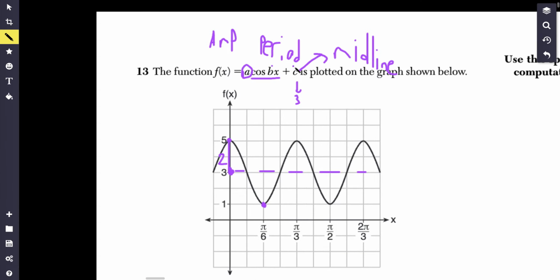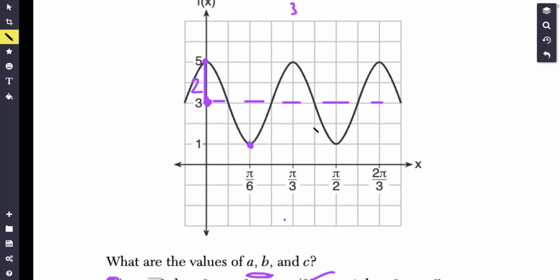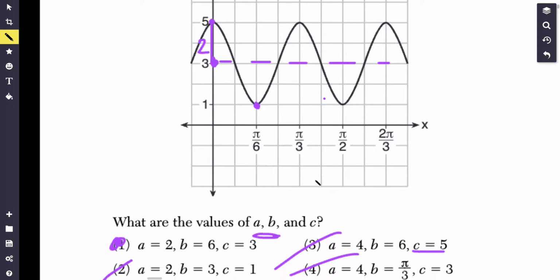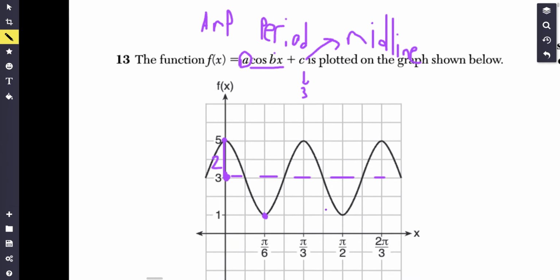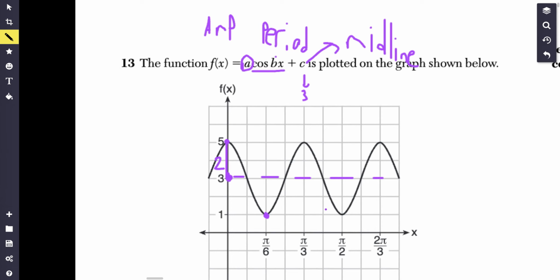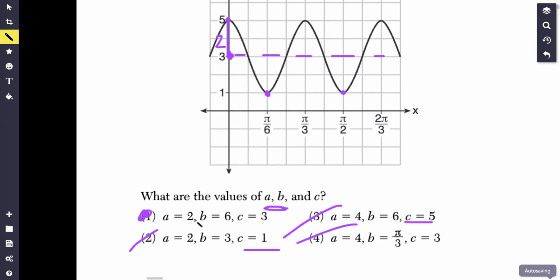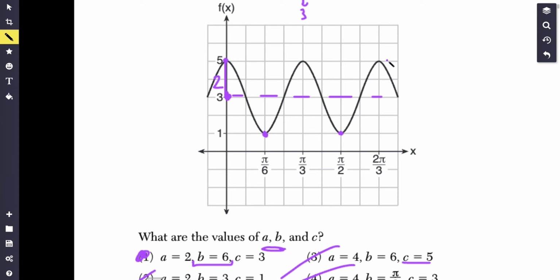B represents the period, okay? So it represents kind of a point where this graph completes one cycle. So B just represents kind of when this graph right over here completes one cycle.